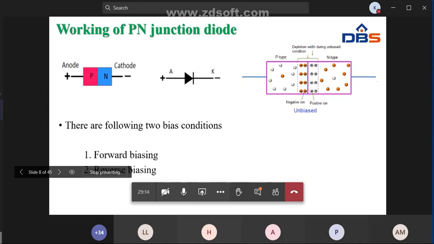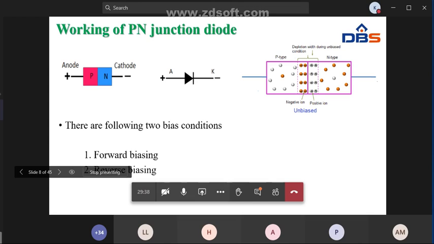See here, we are combining the P-type material and N-type material. So this is a depletion region, right? This circuit is an open circuited PN junction. Here we are not applying any external voltage.